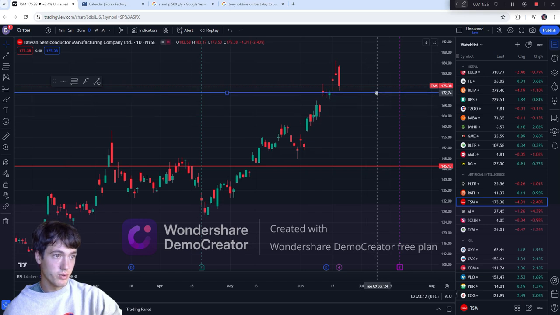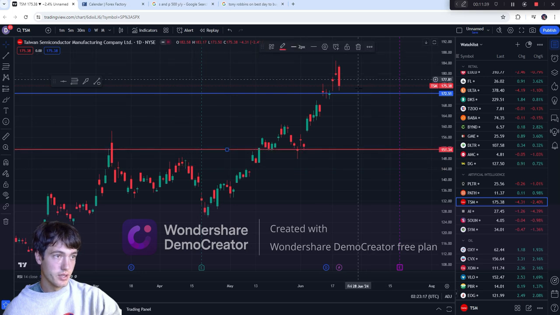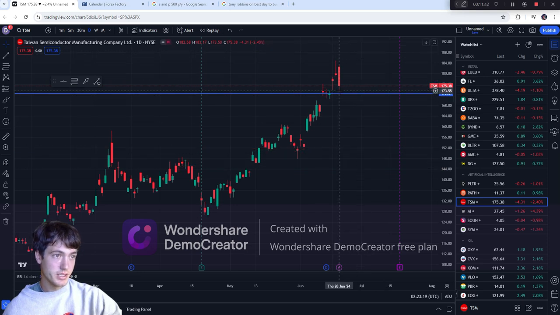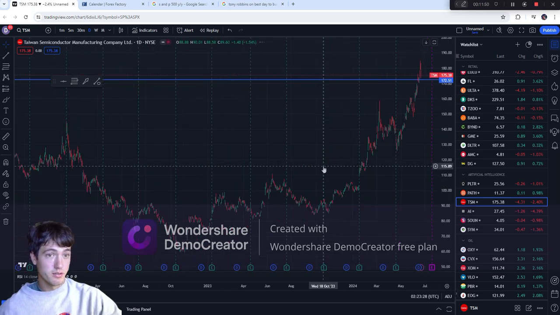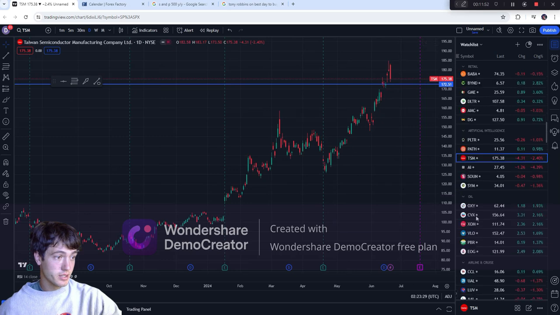So this is our support at TSM at 172. If it wants to hold support here, we could definitely see some more upside before that earnings. So just watch that support. That's what I'm looking for on Taiwan Semiconductors.